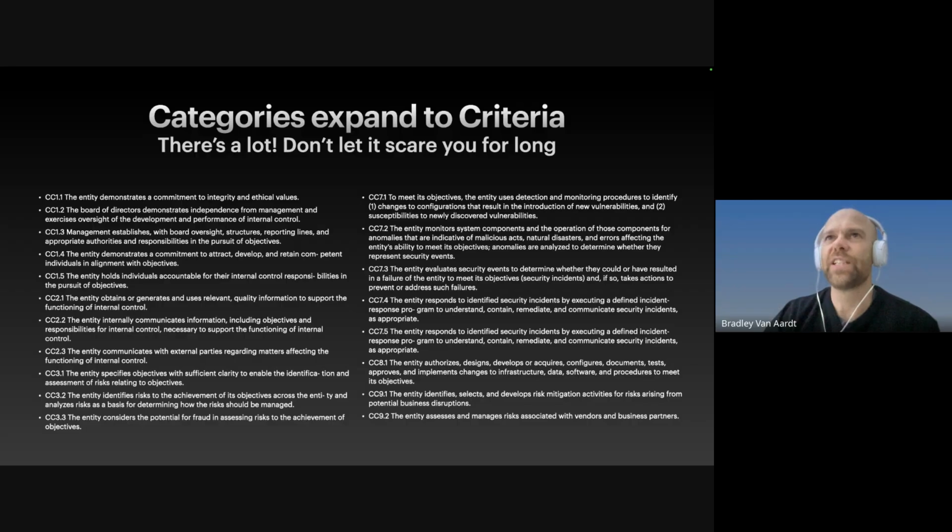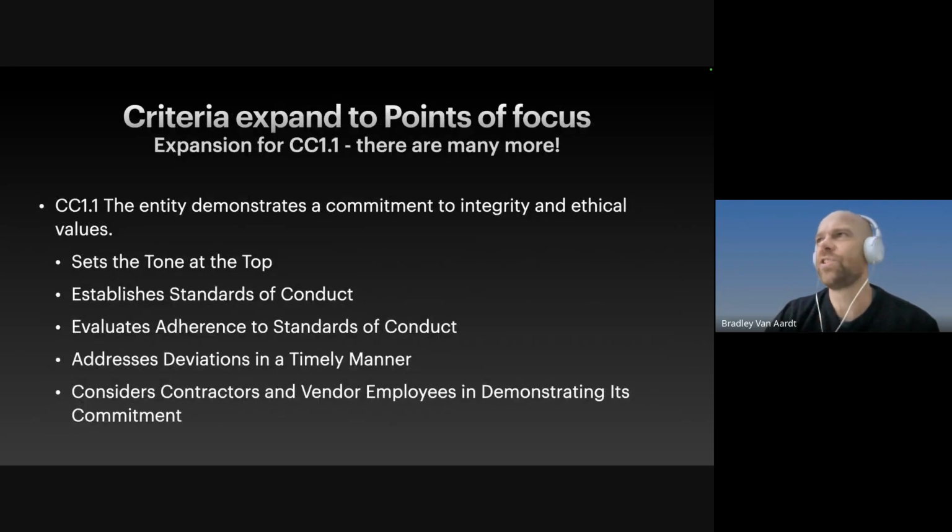So each of these little criteria expand into things called points of focus. And these points of focus are things that you're supposed to basically hit for each of these criteria. Now, the one thing you'll notice about this is that it's not very specific language. They don't tell you exactly what to do. They don't say you must run Git and it must be run here, and this is exactly how your merge process must work.